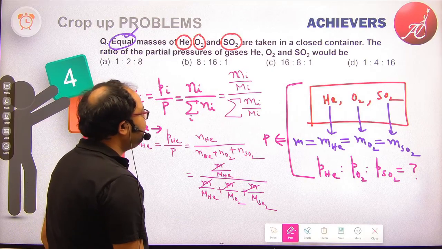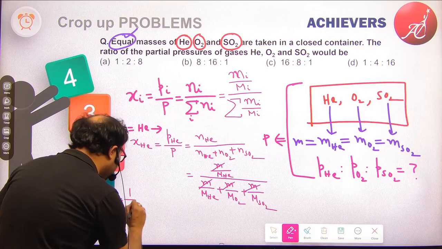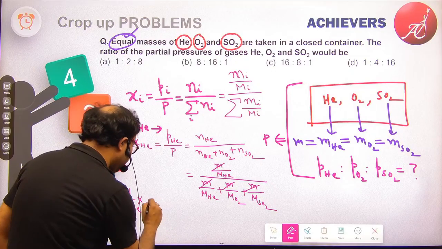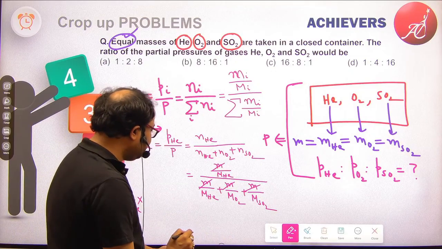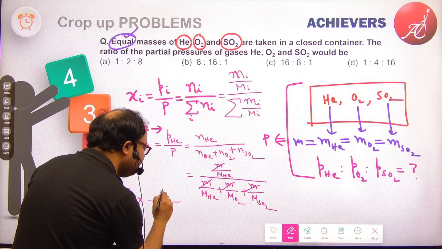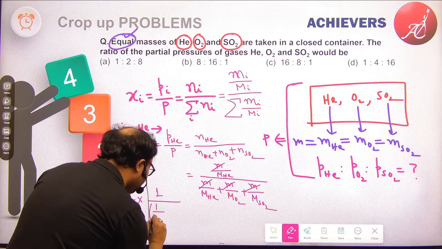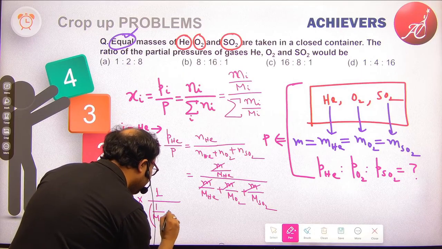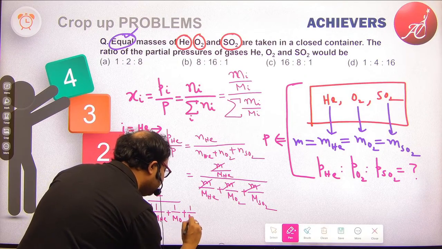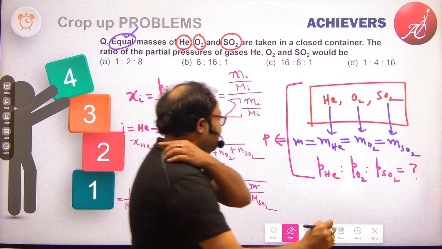You are getting 1 by molar mass of helium, multiplied by 1 by the sum of 1 by molar mass of helium plus 1 by molar mass of oxygen plus 1 by molar mass of sulfur dioxide. So this is the form.